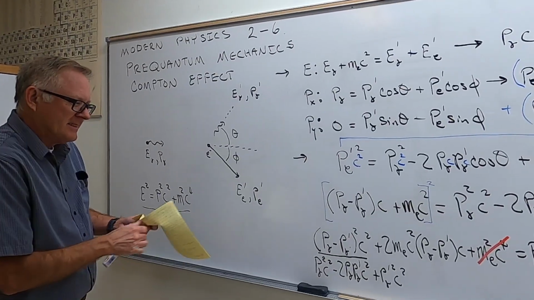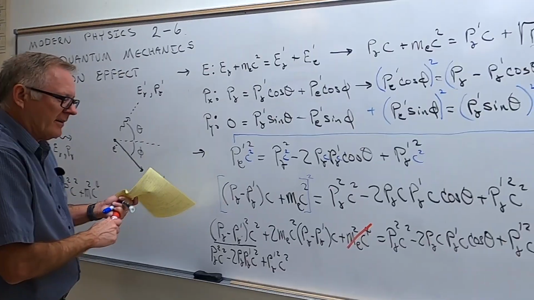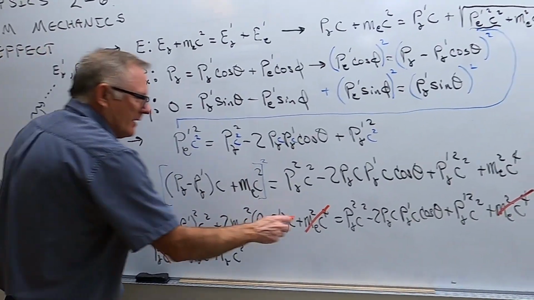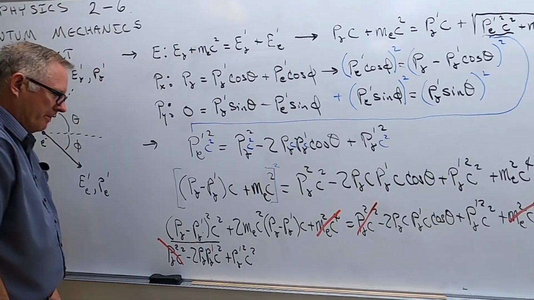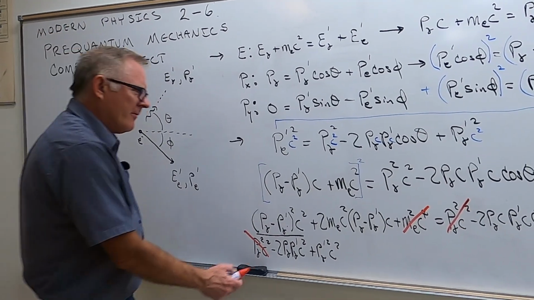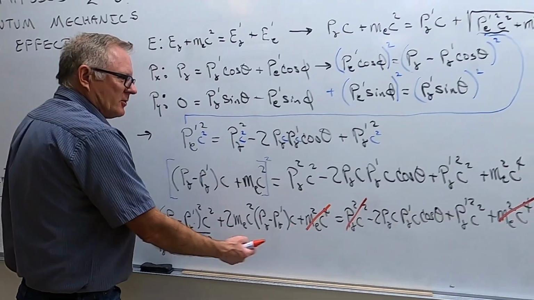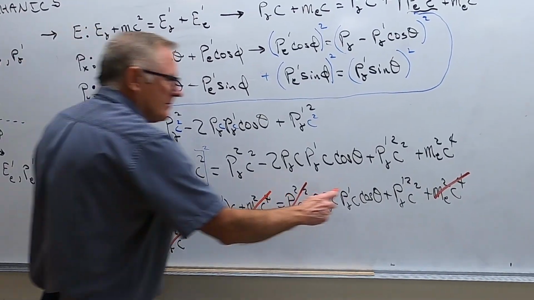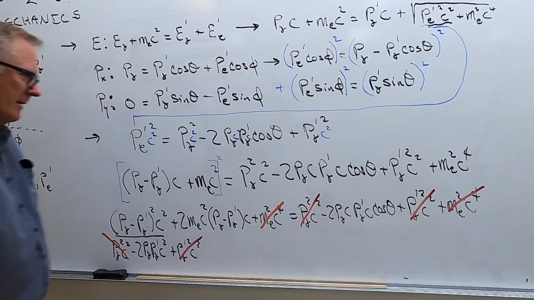Well, I see there's a P gamma squared C squared on the other side. So this term cancels with that term. I have a P gamma prime squared C squared and a P gamma prime squared C squared over there. So that cancels with that term.